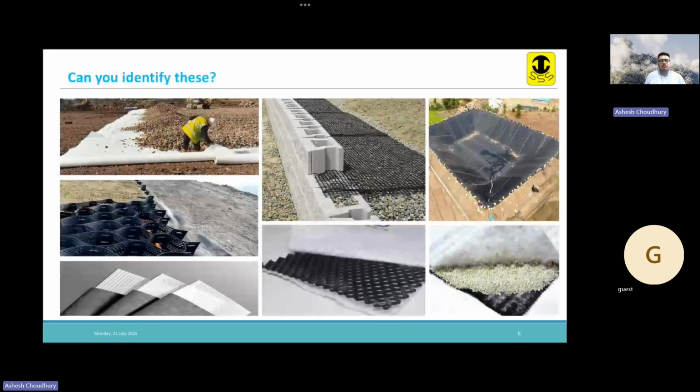Now, if I show you these pictures, are you able to identify what these are? Which one is which geosynthetic? If you have a little bit of an idea, can you identify? Or at least try, just make some guesses and we'll see if we are correct or wrong. It doesn't matter.